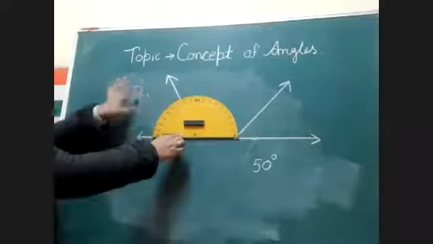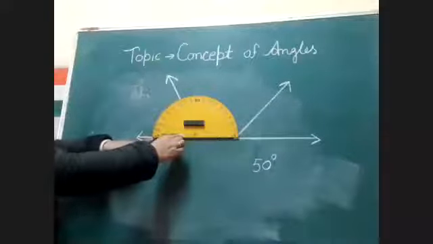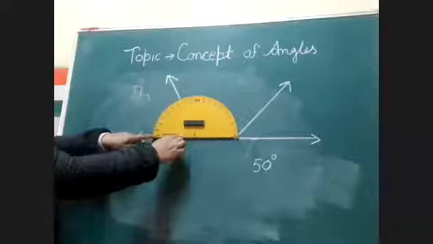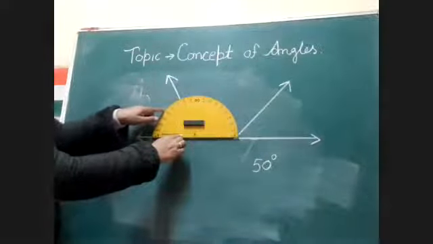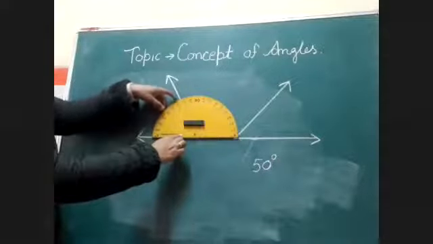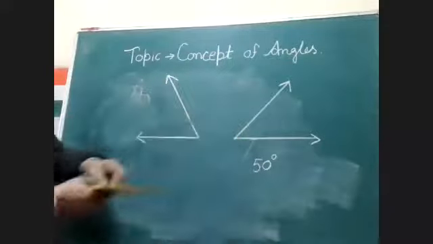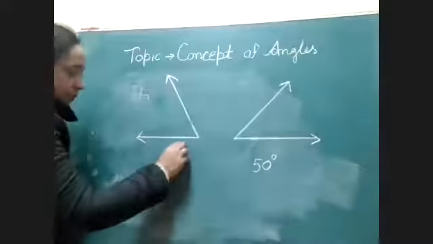So in this case, we use the outer scale. Start from 0, and 0 is at the outer scale. Now 0, 10, 20, 30, 40, 50, 60 and small 5 lines, 65. So this is an angle of 65 degrees.